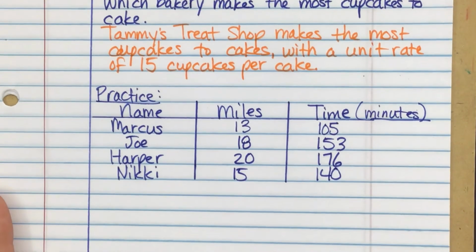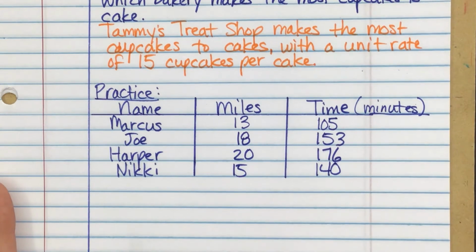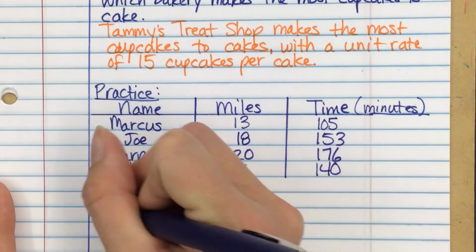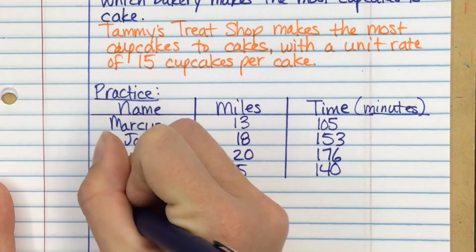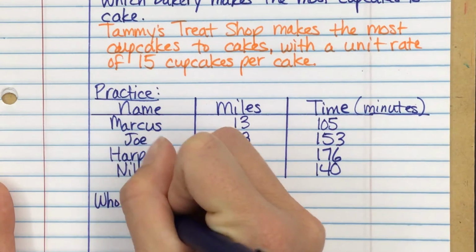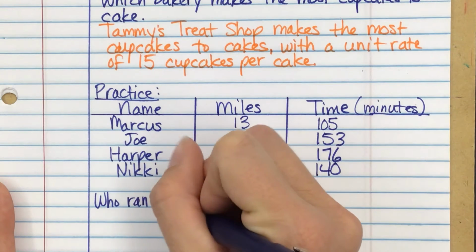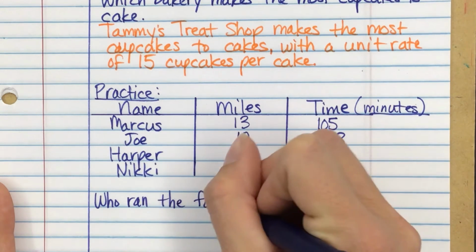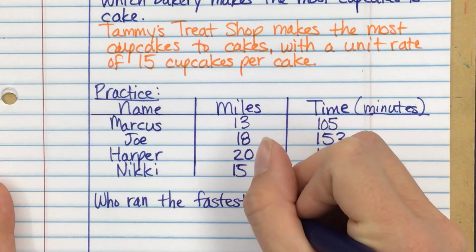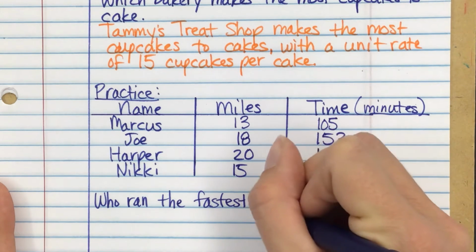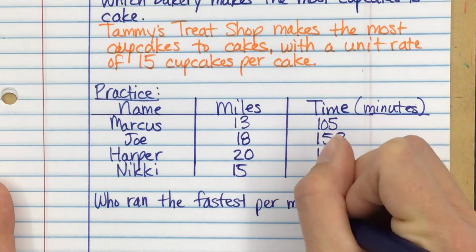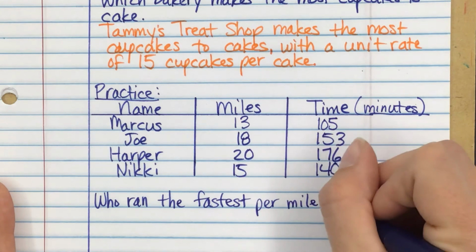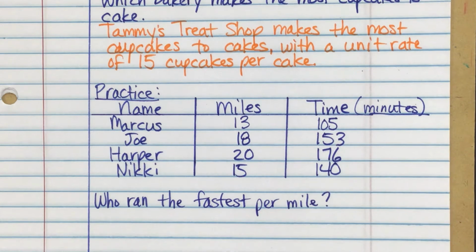Okay, so what I want you to do is find the fastest runner. Okay, so who ran the fastest per mile? Okay, so take a second, find those unit rates and compare them and see if you can figure out who is the fastest.